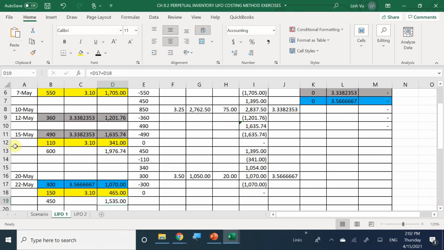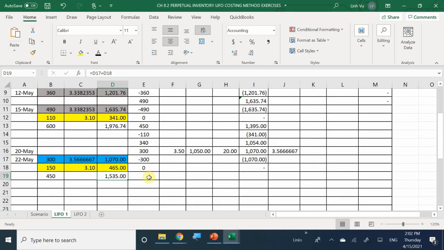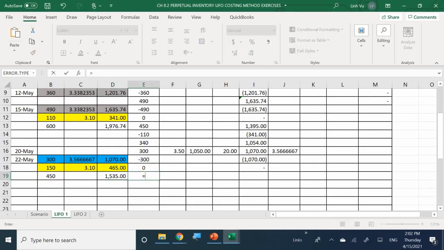And that's coming directly out from my yellow batch. So in this case, I'm going to pull my information from above. I should have a remainder of 340 minus an additional 150. So what is my ending balance in my yellow? 190. I should have 190 items left in my yellow batch.